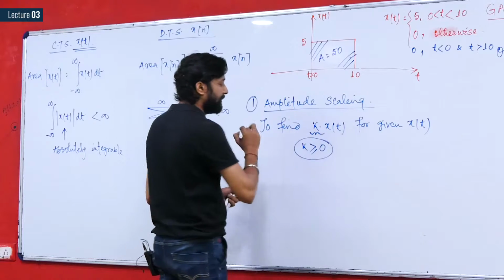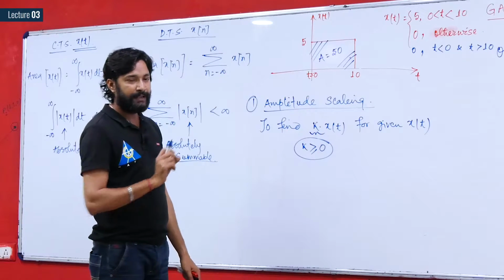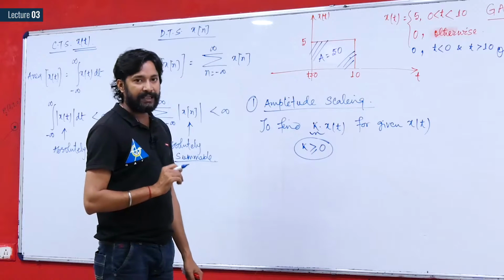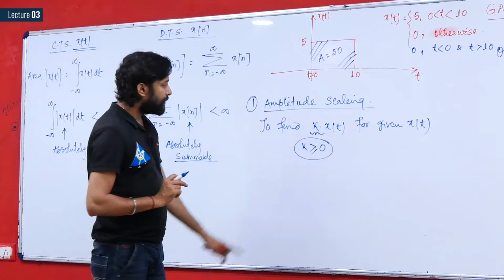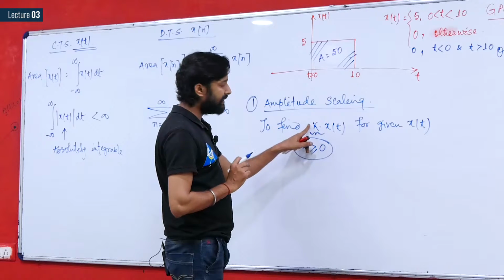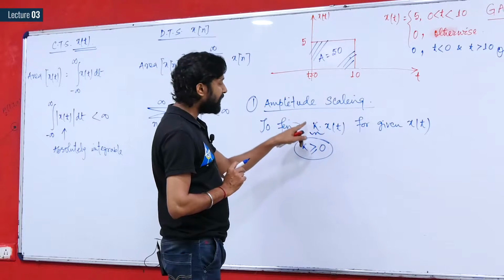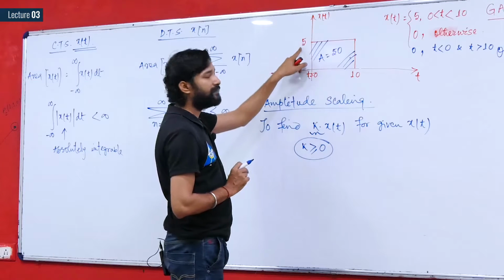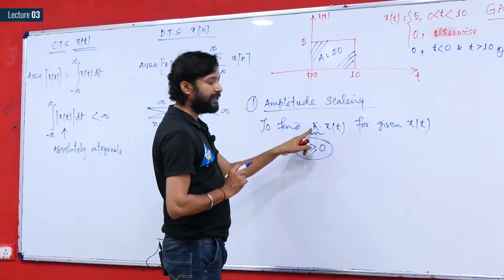This k will not be negative, because for negative values of k we will separately define another operation, that is amplitude reversal. So if k is greater than or equal to 0 and k is a constant, then you are just going to multiply the values of the signal x of t with this constant value k.